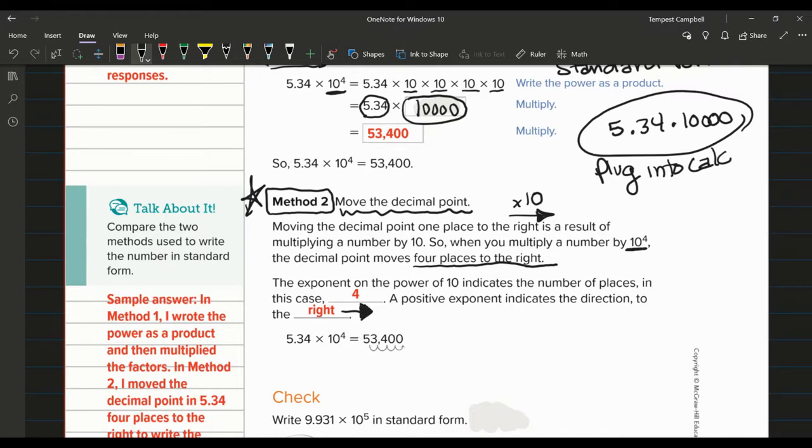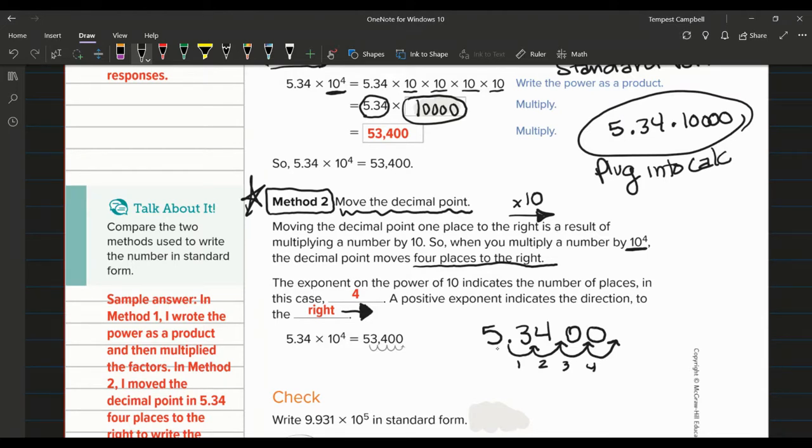And so what that means is we're going to have what we have down here, and I'm going to make it a little bit bigger. So if I have 5.34 times 10 to the power 4, that means I'm taking the decimal. I'm going 1, 2, 3, 4. That means I'm going to have another 0 and another 0.